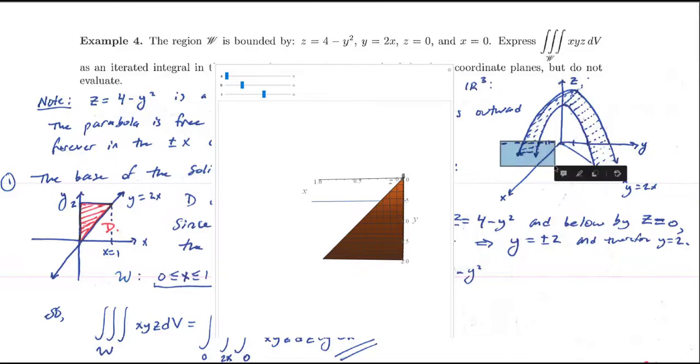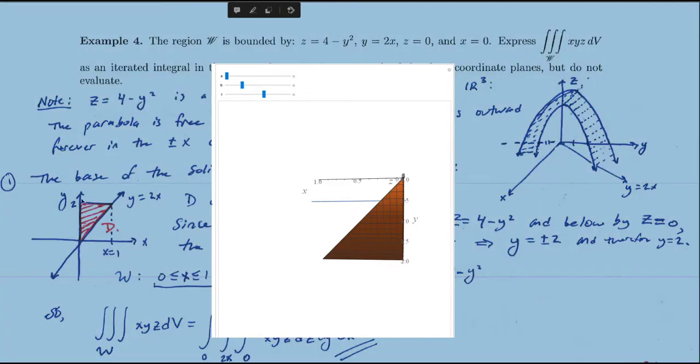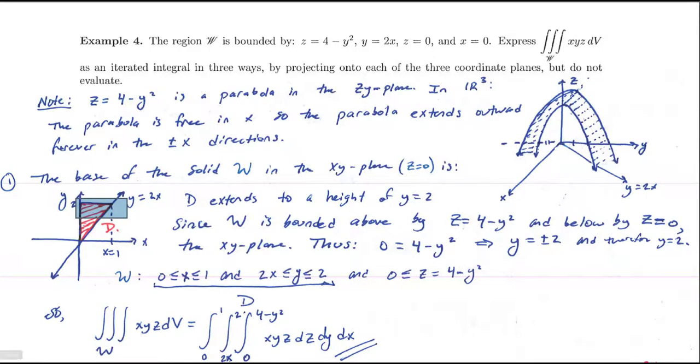It strikes back here, and it again strikes over here. Our region is in the first octant, the first quadrant in the xy plane, so that means we only want the positive root. So that's why over here we've got that. In particular, it's why we have y equals 2 right there.